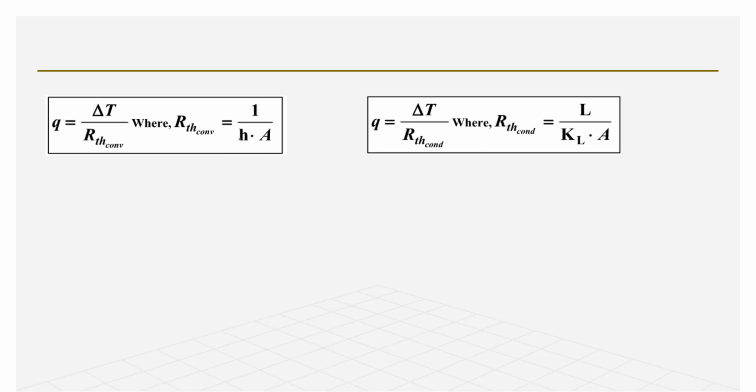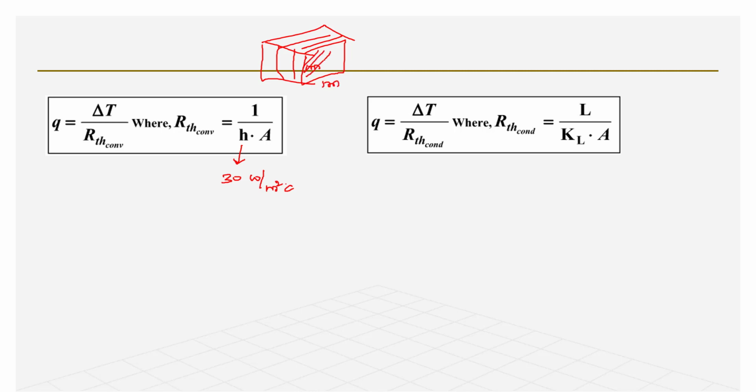RTH convection is equal to 1 upon H into A. Remember the boundary condition we have provided: H was 30 watt per meter square degree Celsius. Area, as you know, we have taken as 1 meter square, right? If you remember, these are our three bodies. Height is 1 meter and thickness also we have provided 1 meter.